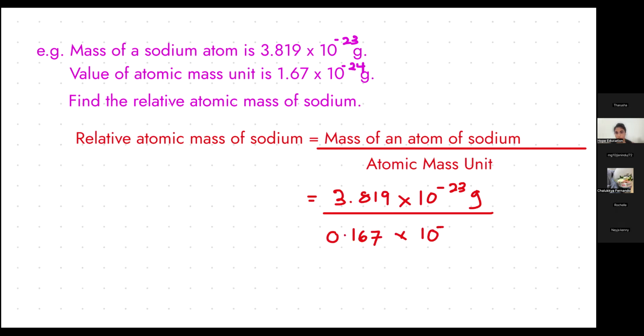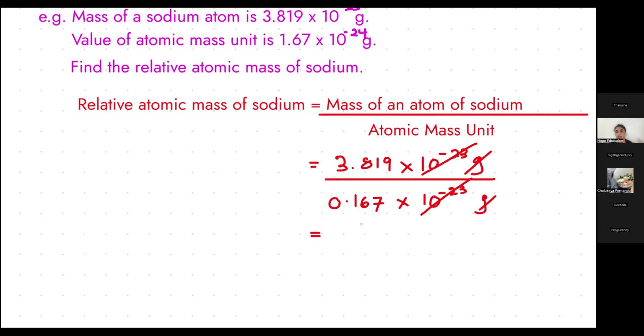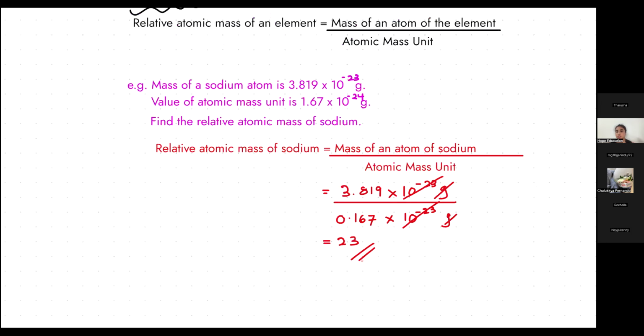I made the minus 24 into minus 23. So the grams cancel, and 10 to the power minus 23 cancels with 10 to the power minus 23. I get the answer as 23. This is my answer, and again, the grams cancel, so it has no unit.